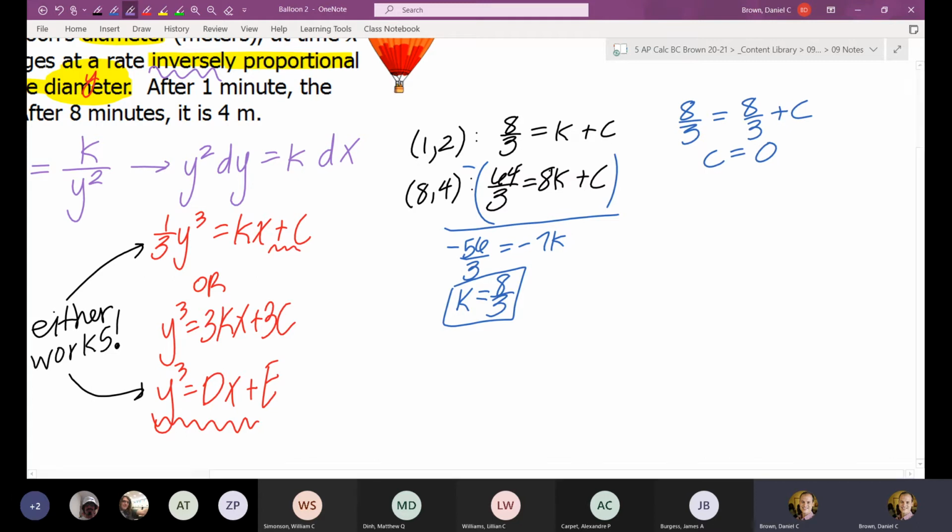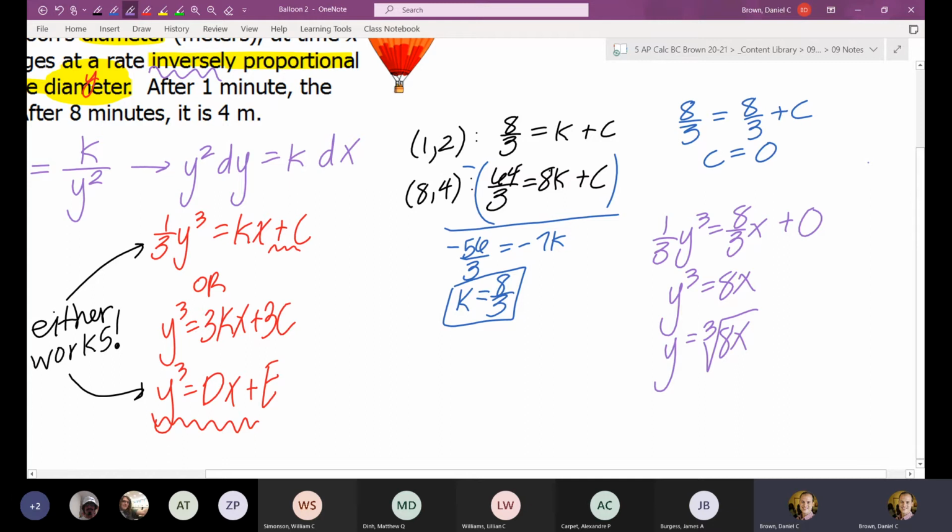So writing that final equation, we had 1/3 of y cubed is equal to kx plus c, which is, of course, just kx since c is 0. Solving this one for y, so it's a little bit easier to deal with, we have y cubed is, I don't want to put k there, that should be an x. Let me try that again. 8/3 of x. So y cubed is 8x. Our y is equal to the cube root of 8x.